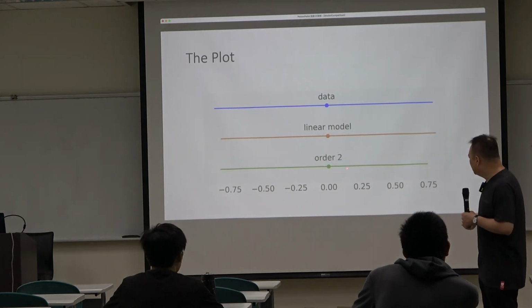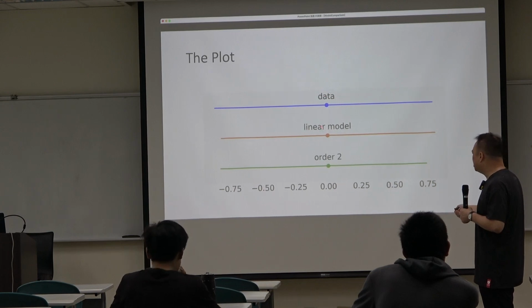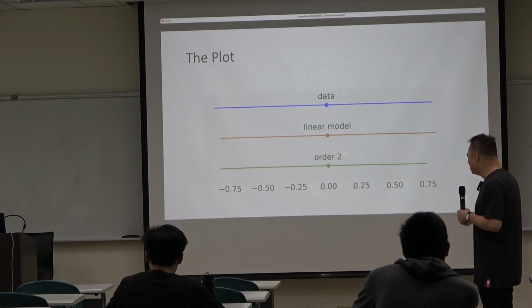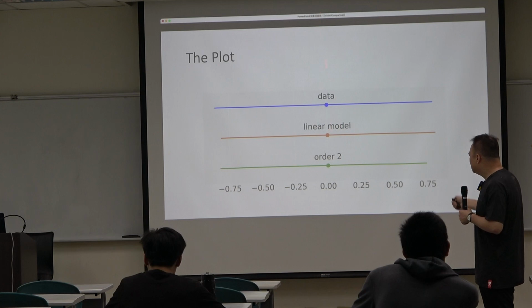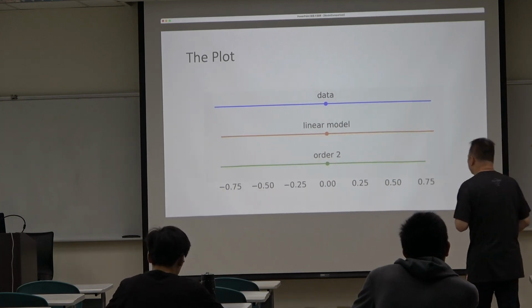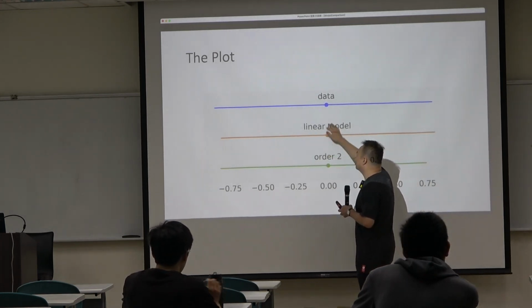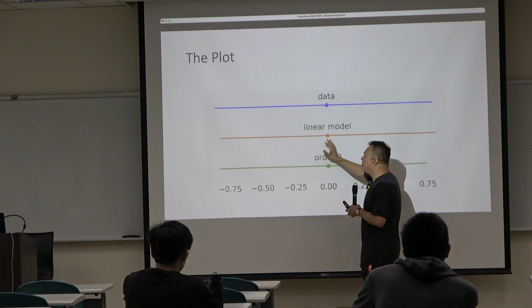So that's why you see that the data as well as the linear model and the quadratic model have means that are almost all 0. This is the result of centering the data points.